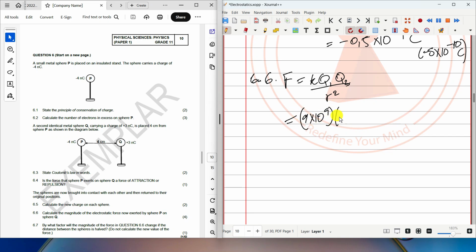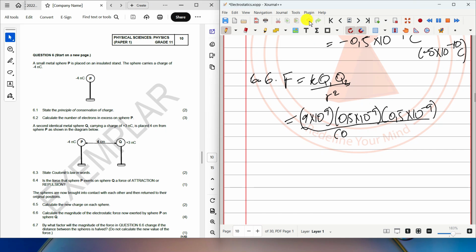The first charge is 0.5 times 10 to the negative 9, and the other one is still 0.5 times 10 to the negative 9. And then what is the distance between them? It was 4 centimeters. If you like, you can write 0,04, or centi means 10 to the negative 2.